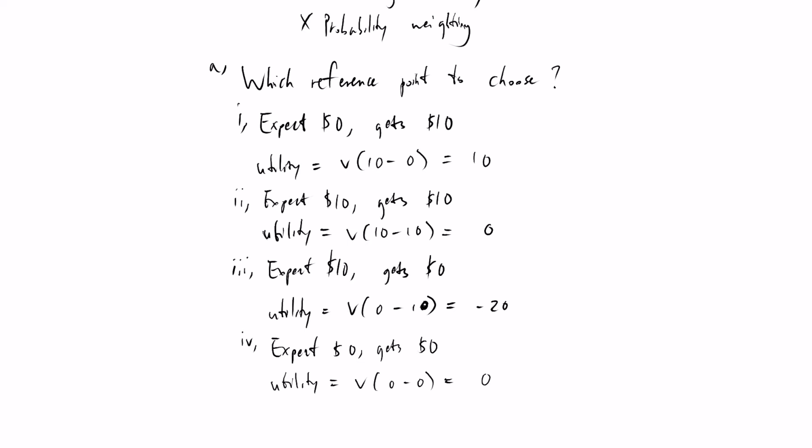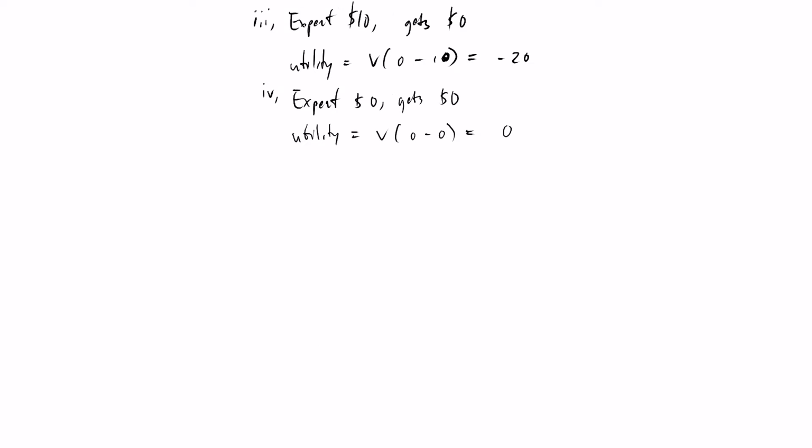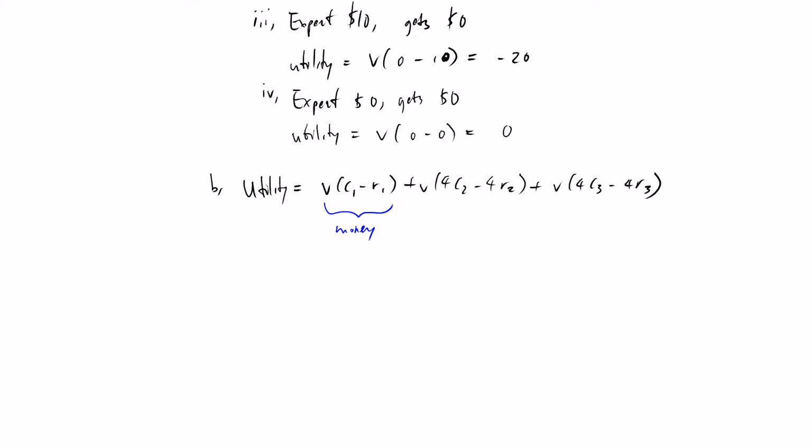Then his utility is, for now, utility equals phi(C1 minus R1), this is money, remember, plus phi(4C2 minus 4R2) plus phi(4C3 minus 4R3). So the utility has three components. C1 is money, C2 is mucks, and C3 is pence, right?